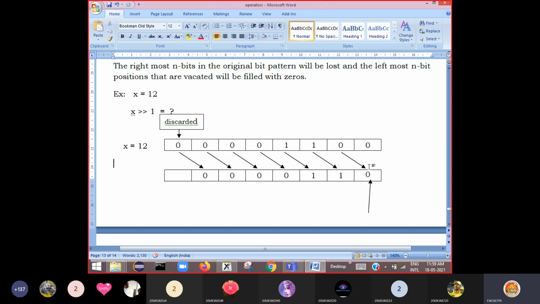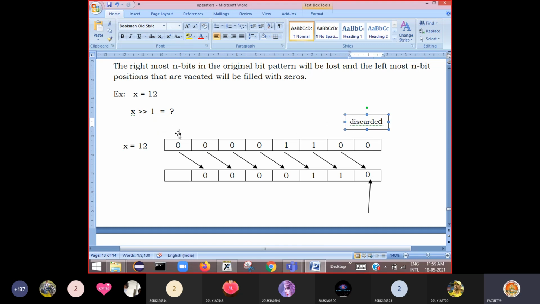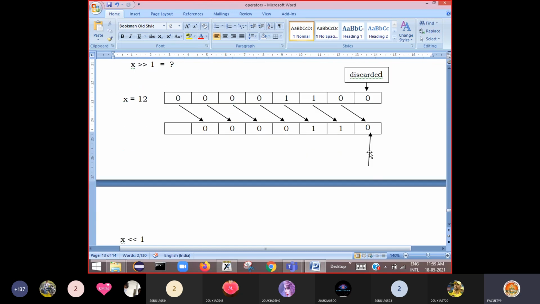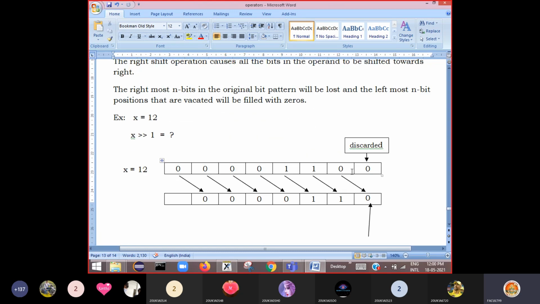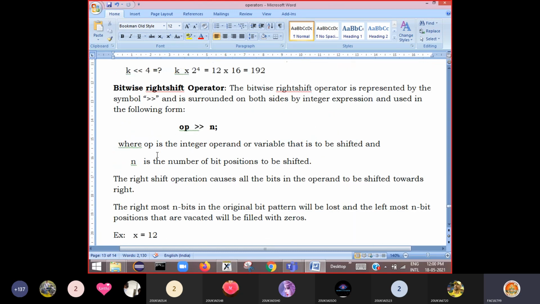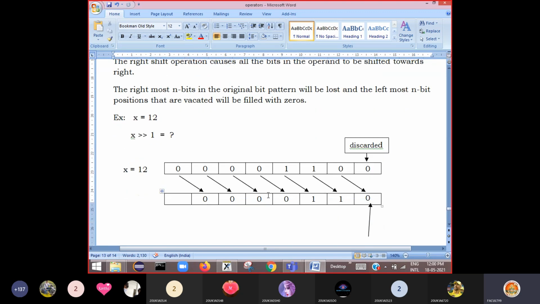So here what happens? This rightmost bit will be discarded. The rightmost bit will be discarded here. And the leftmost bit will be filled automatically with zeros.